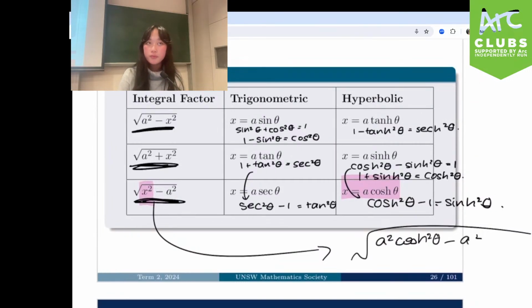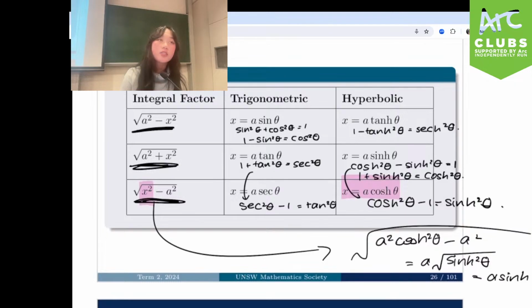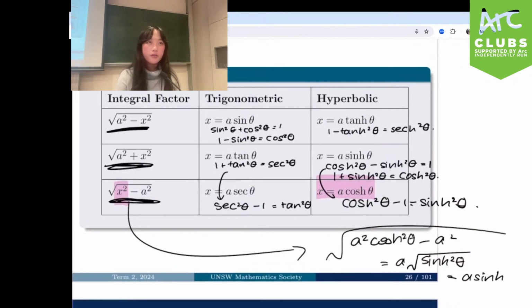Does that make sense? And we can rewrite this as a square root sinh squared, which is just a sinh, which is easier to integrate than that thing. So this is all about how we make substitutions. All right, moving on.